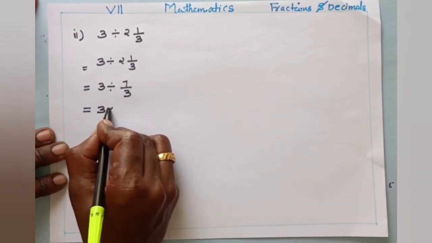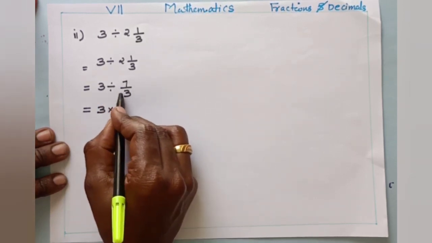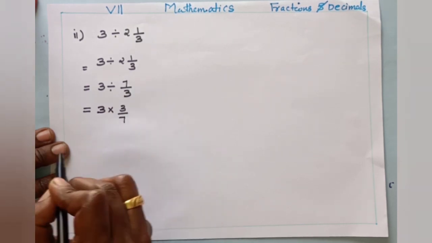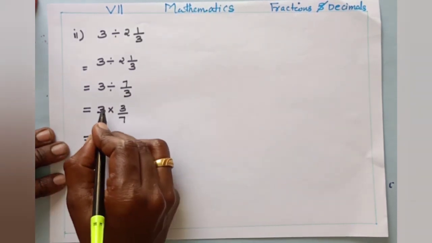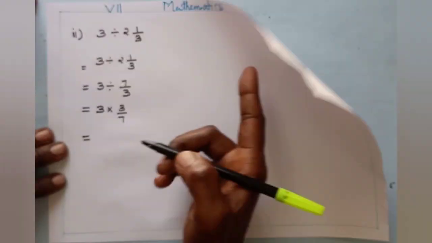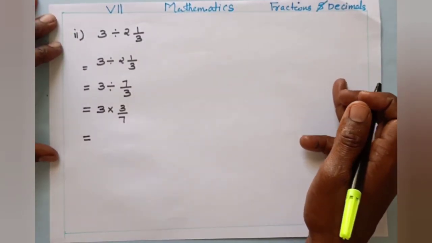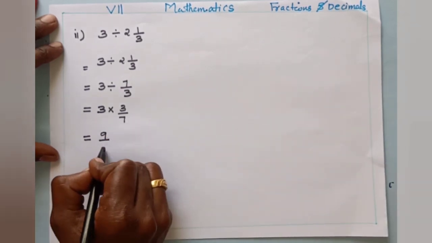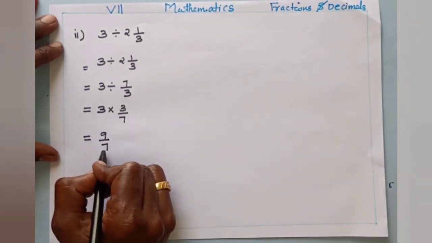Division is changed into multiplication. The reciprocal of 7/3 is 3/7. Multiply the numerators: 3 into 3 is 9, over 7, 9/7.